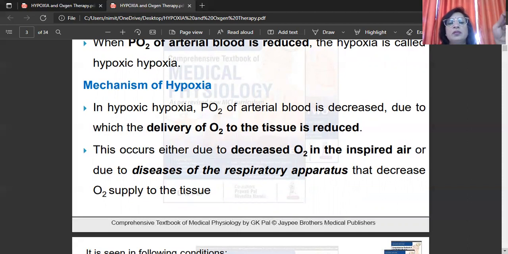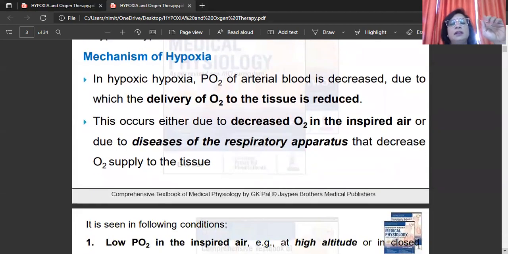So causes, please note: decreased oxygen in the inspired air, or diseases of the respiratory apparatus. Both will lead to the decreased supply at the tissue level.